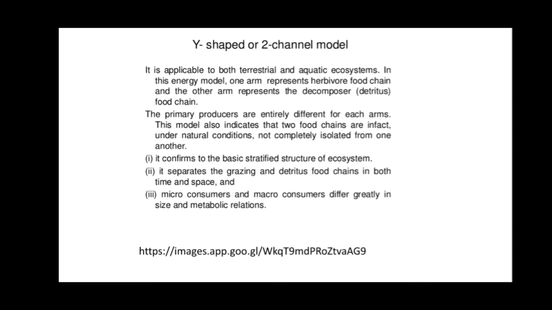In this energy model, one arm, or one box, represents the herbivore food chain, and the other arm represents the decomposer, that is, the detritus food chain. The primary producers are entirely different for each arm. This model also indicates that the two food chains are, under natural conditions, not completely isolated from one another. So it confirms the basic stratified structure of the ecosystem.